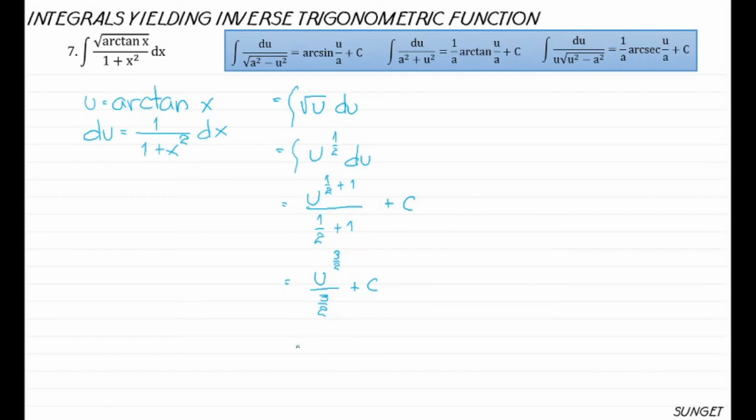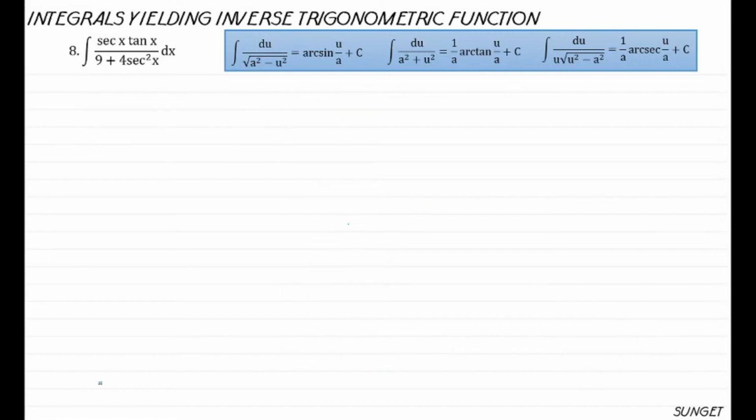Simplify, we have 2/3 of u raised to 3 over 2 plus c. Then substitute the value of u. So we have 2 over 3 times arctan of x raised to 3 over 2 plus c.